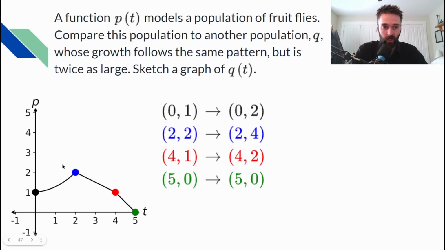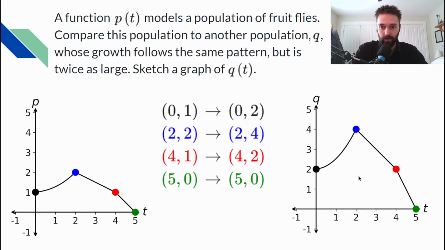So it curves up, and then it decreases and decreases. We can draw the function q of t, and it looks like this. It passes through these 4 points, and it follows the same growth pattern as the original function p of t.